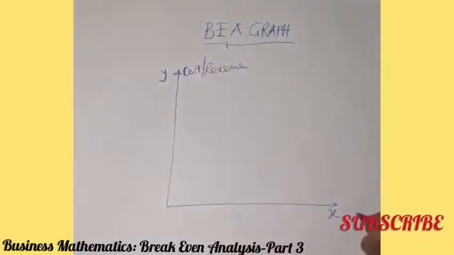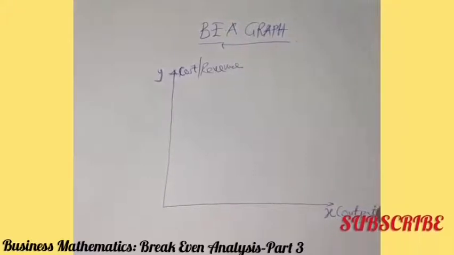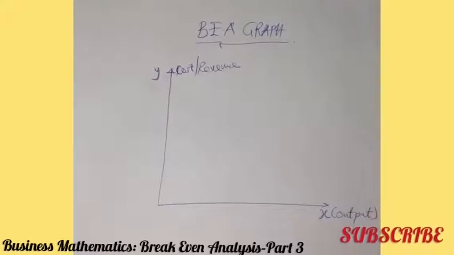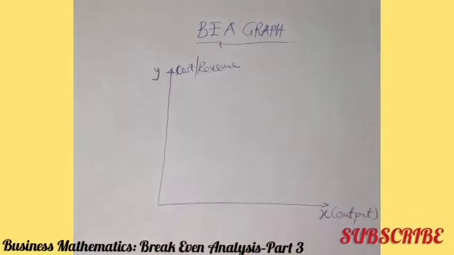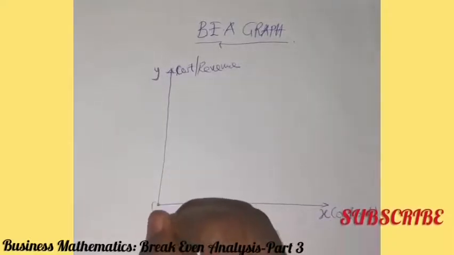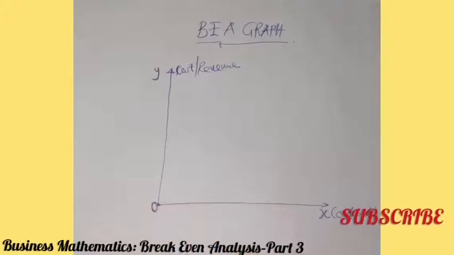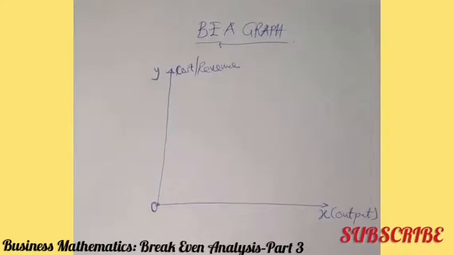Then here can be called what? Your output. So let's take note, your output. Now the cost or revenue axis and the output axis meet at a point called the point of origin, O, or 0, meaning that no activity has started.